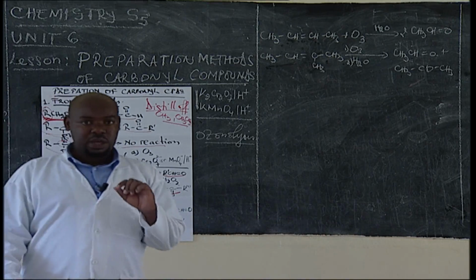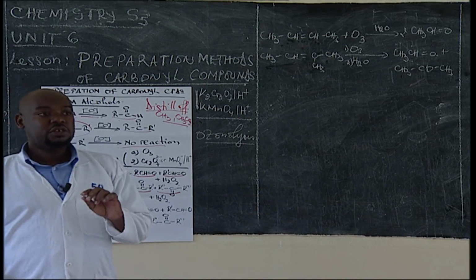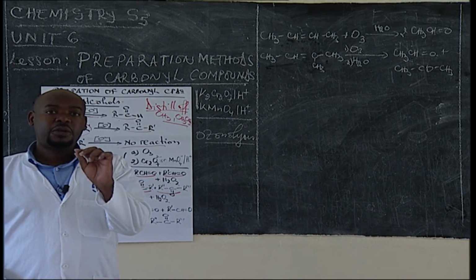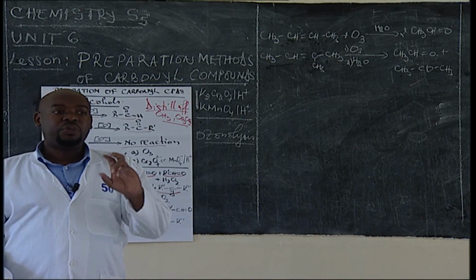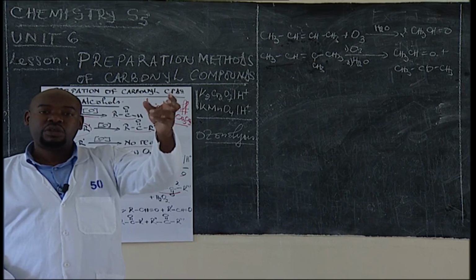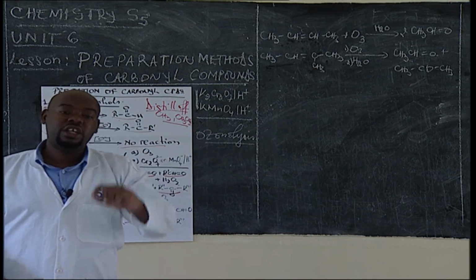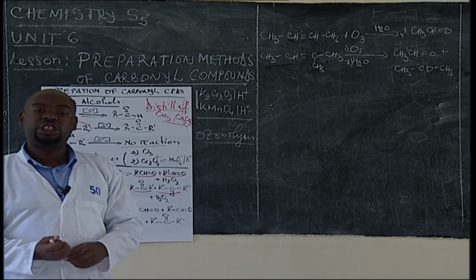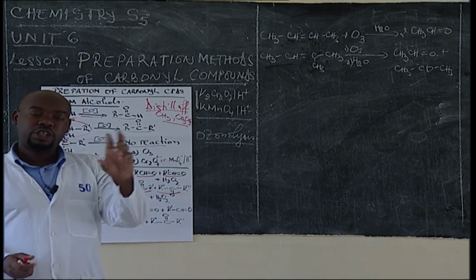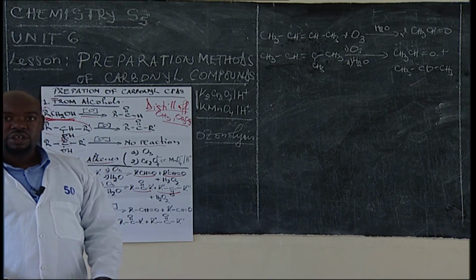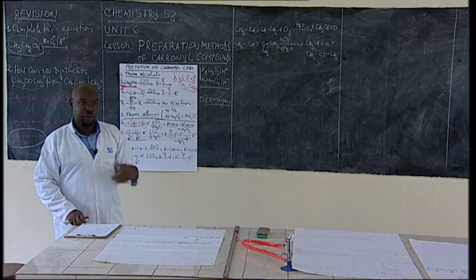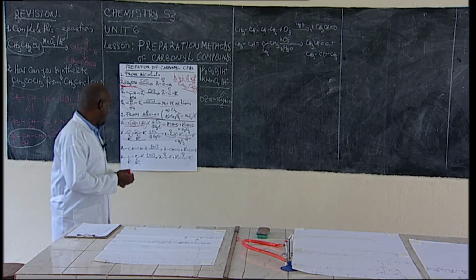And something similar is that you have to make sure you distill off the product as soon as it is formed, because if you don't do that and you are producing an aldehyde, it will undergo a further oxidation. But for ketones, don't worry. It just stops at the formation of ketones.